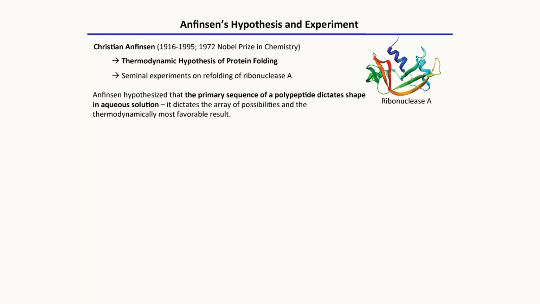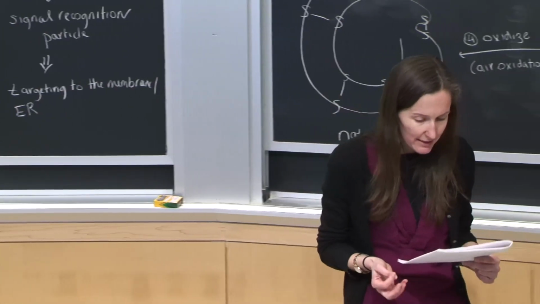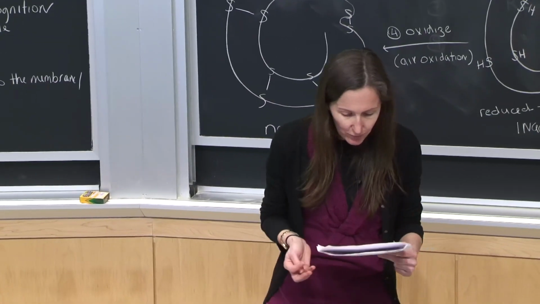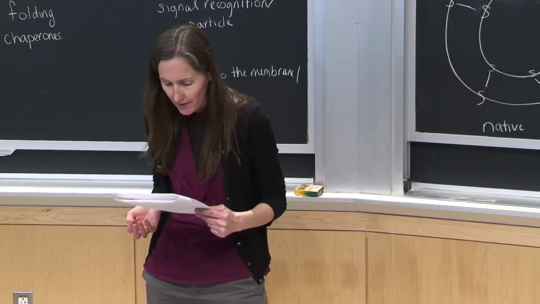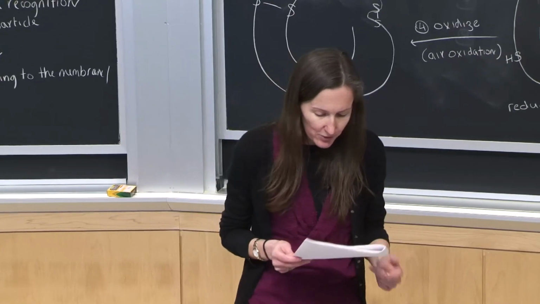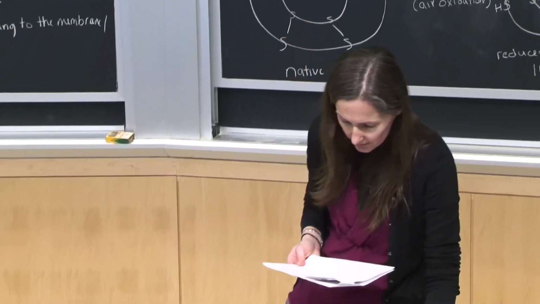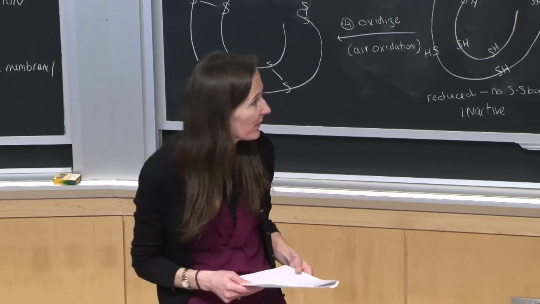So what did he actually have to say from his experiment? In his words, the results suggest that the native molecule is the most stable configuration, thermodynamically speaking, and the major force in the correct pairing of sulfhydryl groups and disulfide linkages is the concerted interaction of side chain functional groups distributed along the primary sequence. So this primary sequence dictates the array of possibilities.